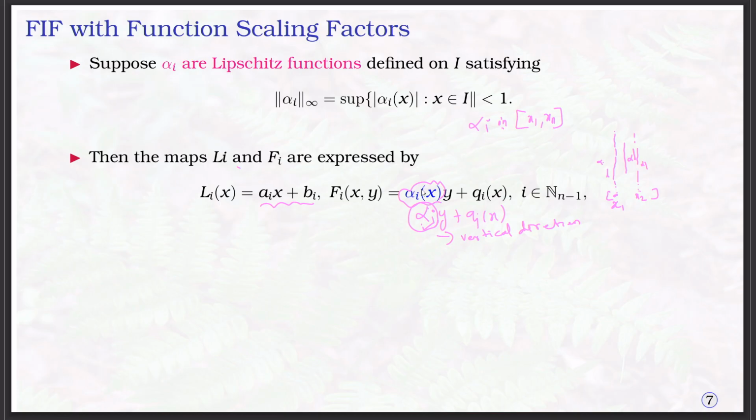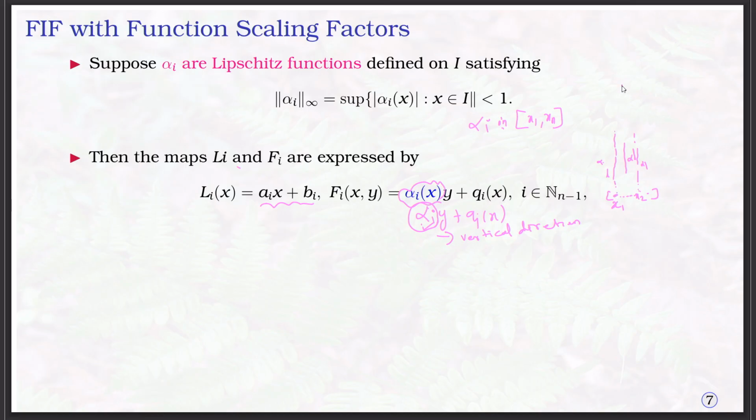If you change any point in this interval, throughout this interval alpha is constant, there is no change. Now, in contrast, alpha I is a Lipschitz function defined on this interval. Whenever you change the x value, the scaling is different.